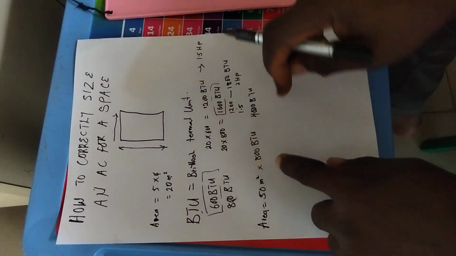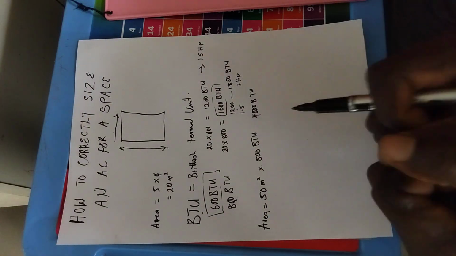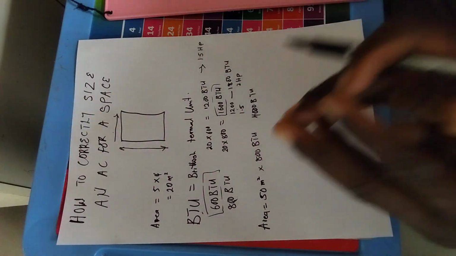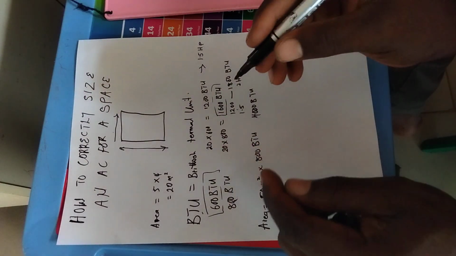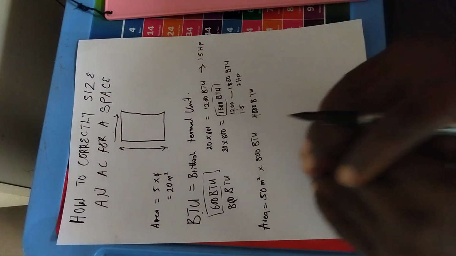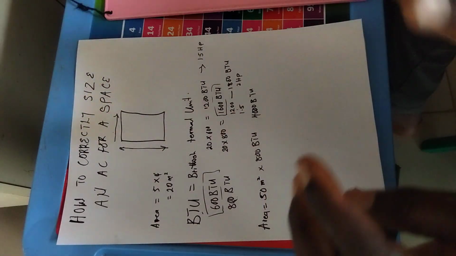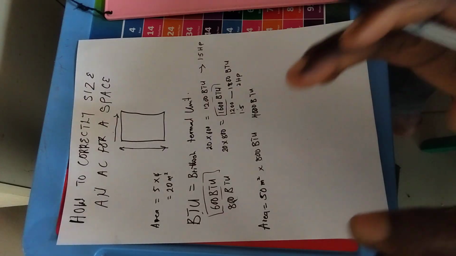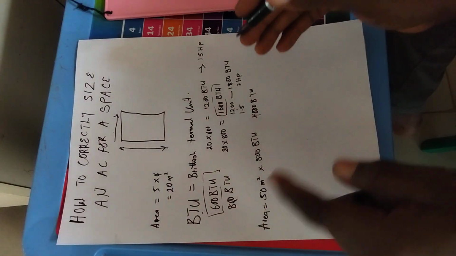So with that, you will correctly size an air conditioner for a particular space where you need an air conditioner to be installed. And with this, you have efficient cooling capacity. No place will be cooler and the other place will seem dull. Everywhere will cool efficiently. So that's how it is.